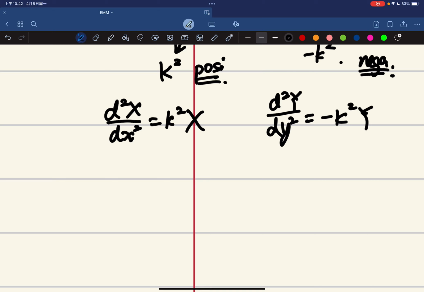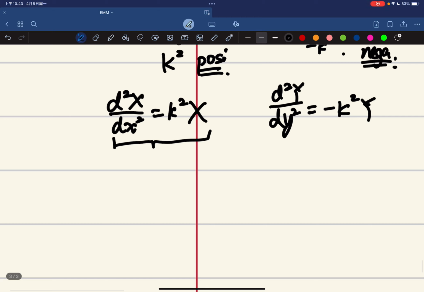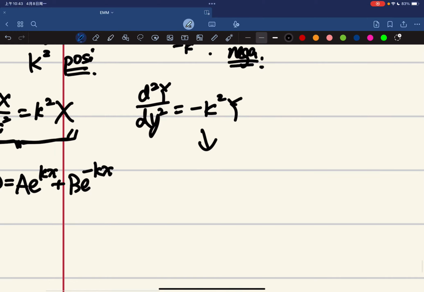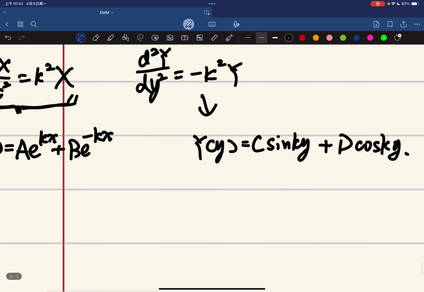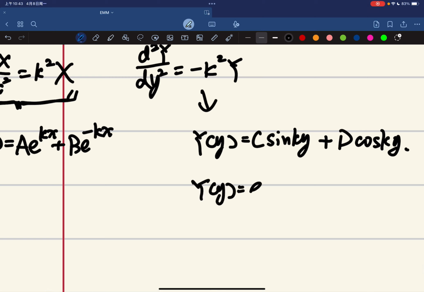If you learned mechanical oscillations before, or had a differential equations course before, you might know how to solve this kind of differential equation. So the solution for this equation is plus B, and the solution for this kind of equation is this. Well, we certainly can write Y in this way.